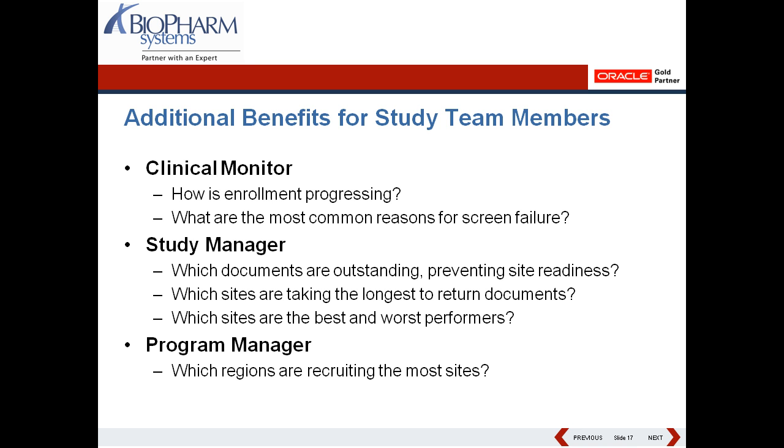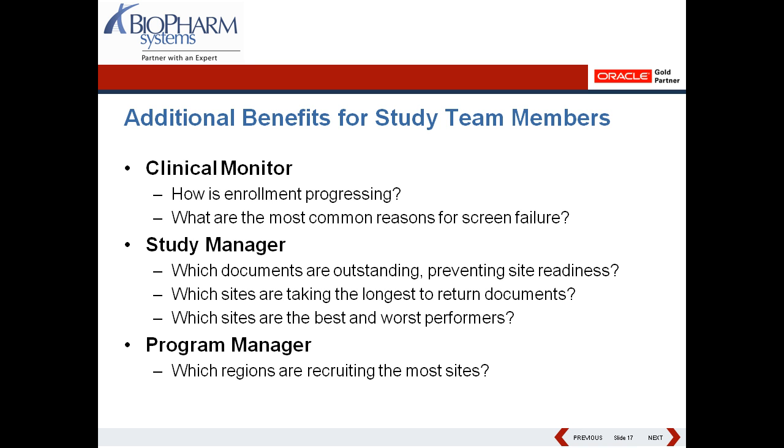So for clinical monitors, they can quickly, on their dashboard, see how enrollment is progressing. What are the trends around reasons for screen failure for a particular set of sites or for a study? For study managers, they can quickly see what documents are outstanding, preventing site readiness, looking at sites that are taking longest to return documents, and ultimately which ones are the best and worst performers on a variety of measures.